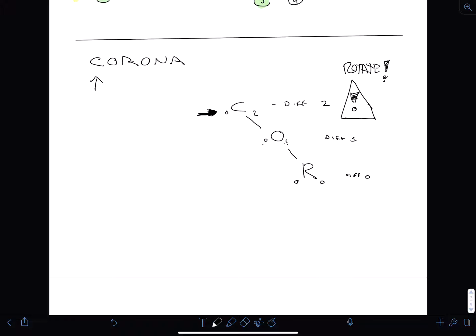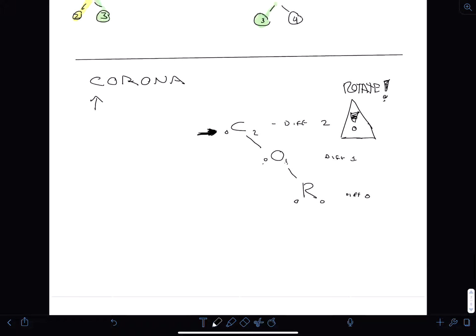When you're picking which rotation to do, you have to see the structure of the tree, or you can just try a rotation and see. Because remember, if you try a rotation that doesn't work, you just do it again and you get back to the original one. So you could just call rotations and hope for the best. But you could also analyze and see which side is heavier than the other one.